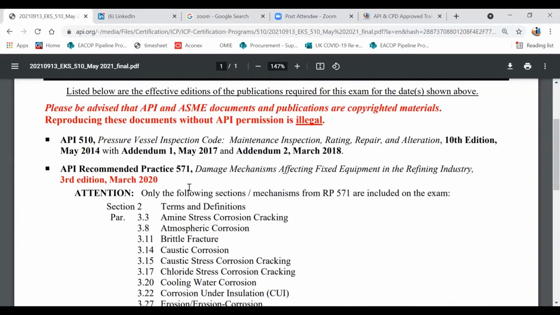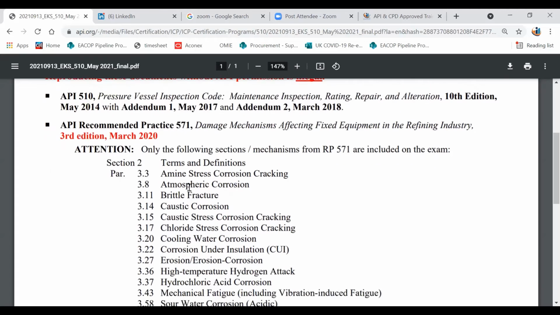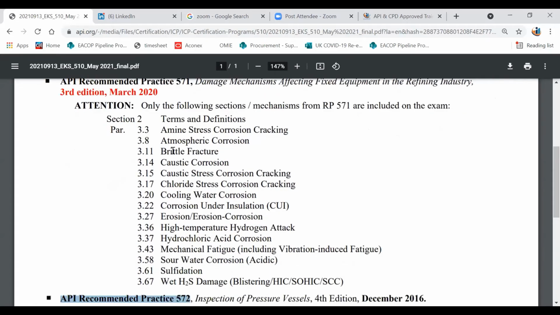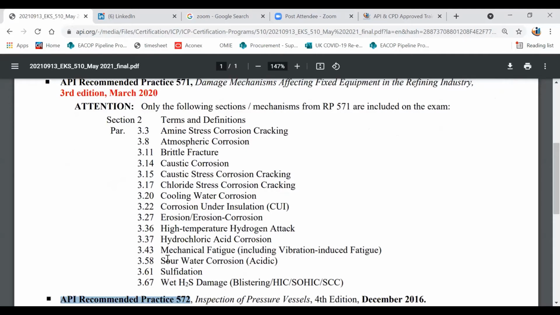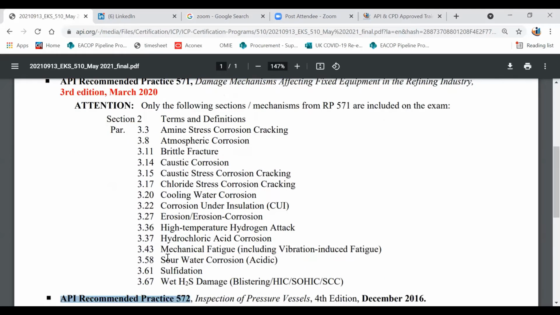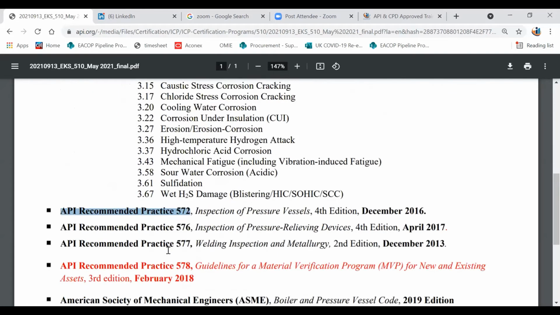Then obviously, as a pressure vessel inspector, you should know the various types of corrosion and damage that appear, the damage mechanisms. These are the damage mechanisms most commonly observed in the industry: API 571, damage mechanisms affecting fixed equipment in the refining industry.